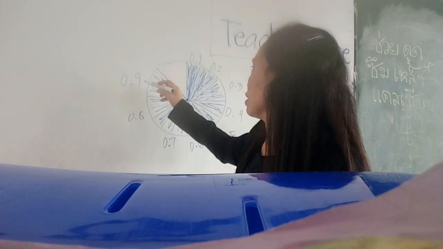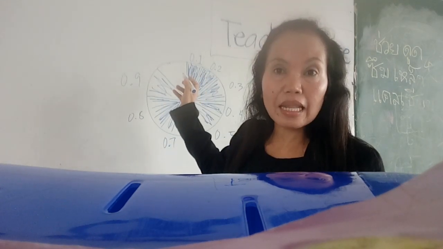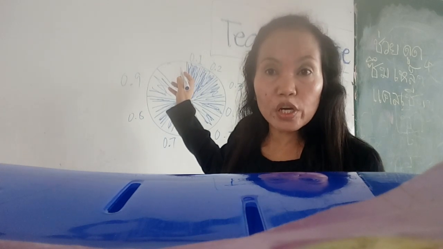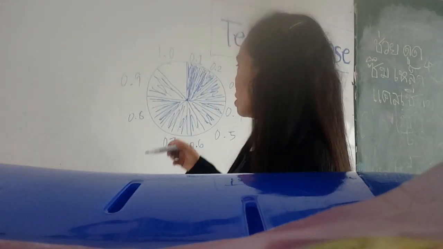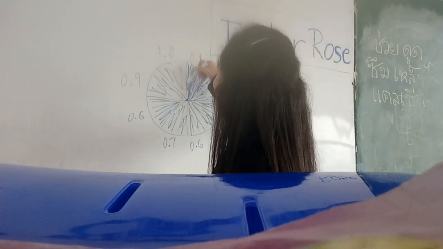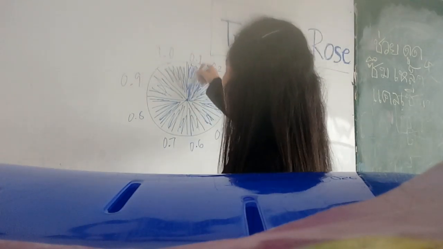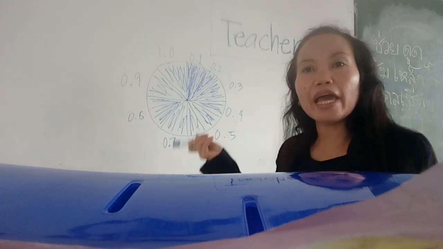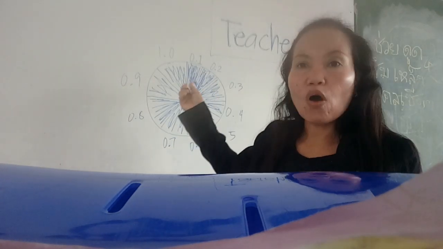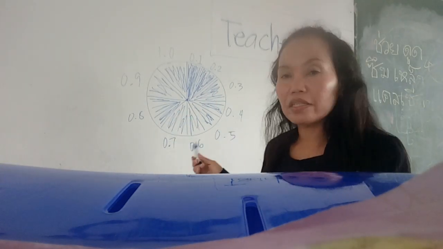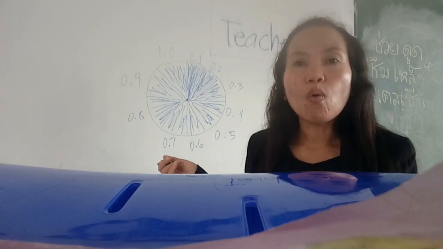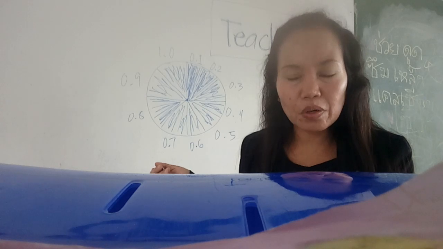The last slice is 1.0. Very good. So this is 1.0. Out of 10 slices, if all of them are shaded, the decimal number is 1.0.